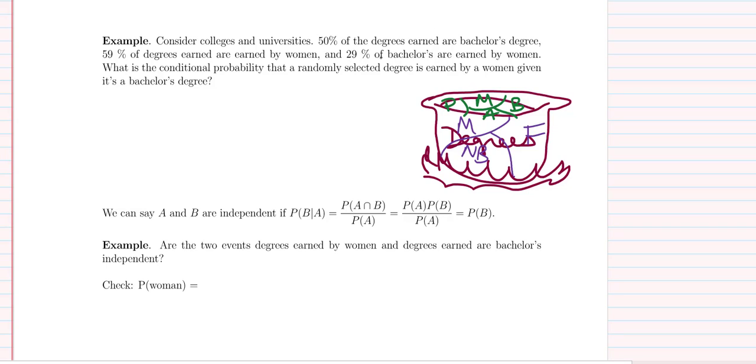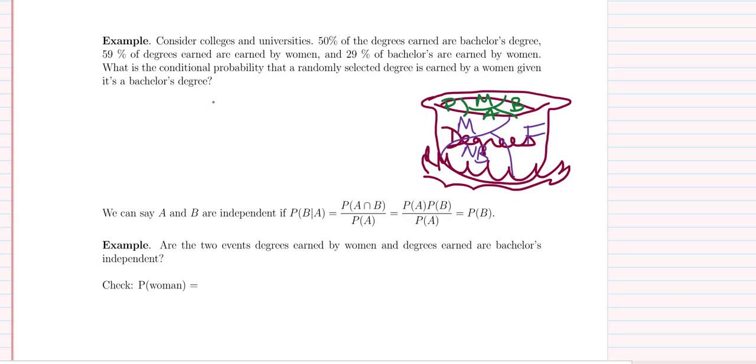So, and 29% of bachelor's degrees. Now we're looking at bachelor's degrees are earned by women. So you would even cut this bachelor's degree up into 3, and you would have male, female, and non-binary, okay? And so 29% of that, so there are multiple percentages and multiple subsections happening here. So just be careful with the wording, because with conditional probability problems, it's very easy to get lost. If it helps to draw a witch's cauldron, you're more than welcome to do that.